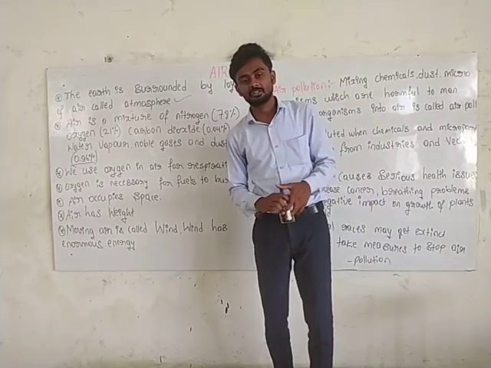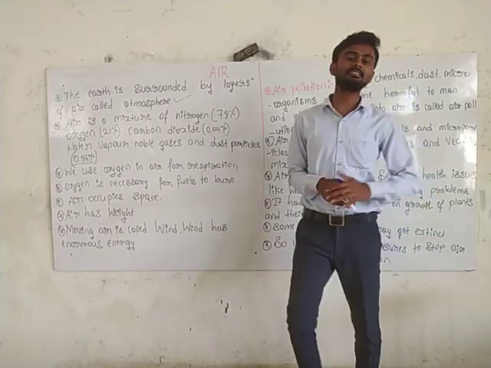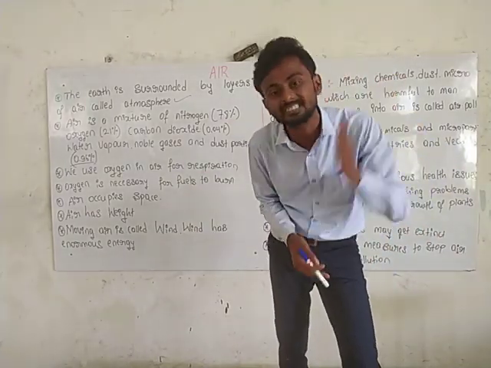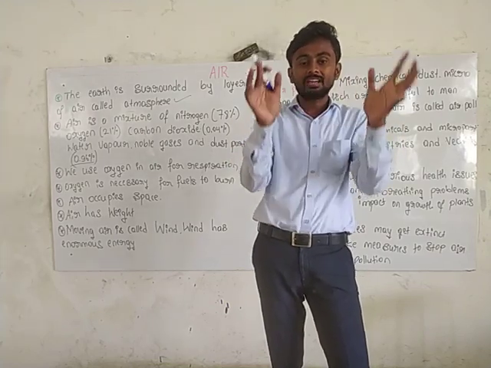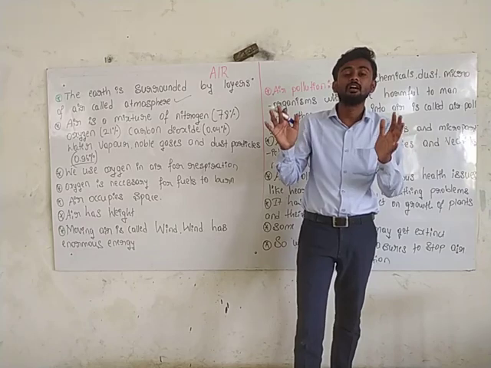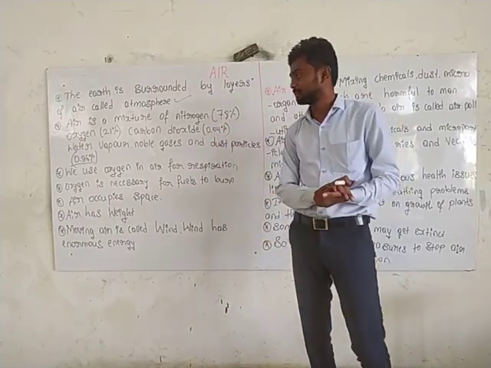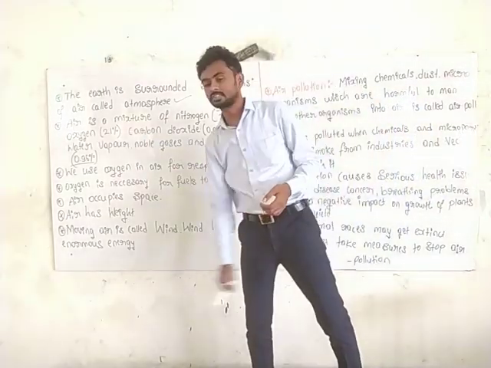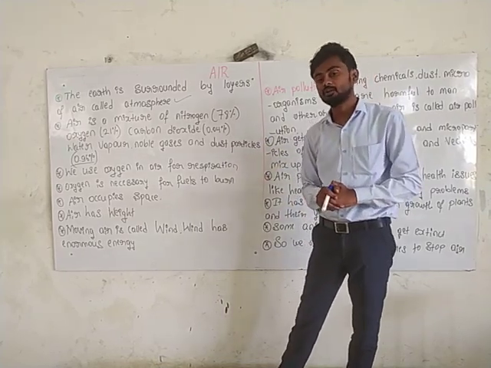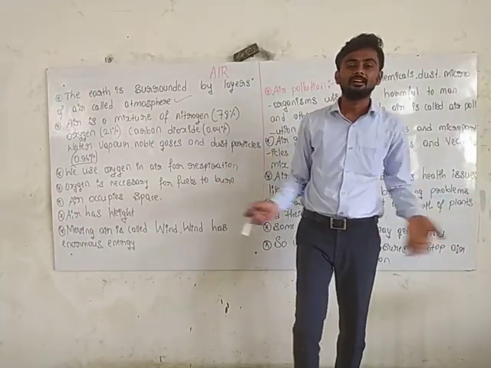You can see in air: oxygen, nitrogen, carbon dioxide, water vapors, noble gases and dust particles. This is the mixture of air, mixtures of gases, which we already understood in the last class. In the composition of air, a large portion is nitrogen, 78%. Next is oxygen, only 21%. Next is carbon dioxide, 0.04%, and water vapors, noble gases and dust particles, 0.96%.